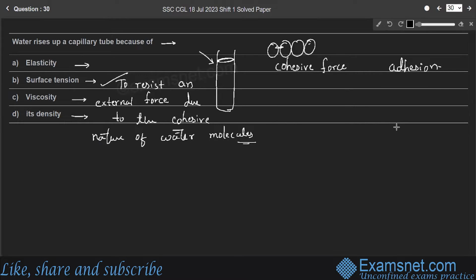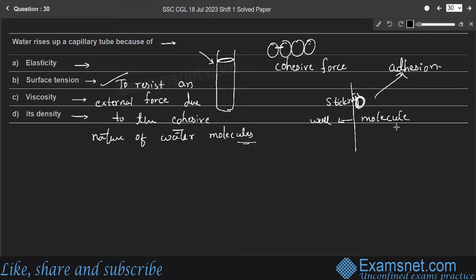Just imagine water molecules and the wall of the capillary tube. There is a force, in general terms stickiness, between the wall of the capillary tube and the water molecule. This stickiness or force is called adhesive force or adhesion, right?